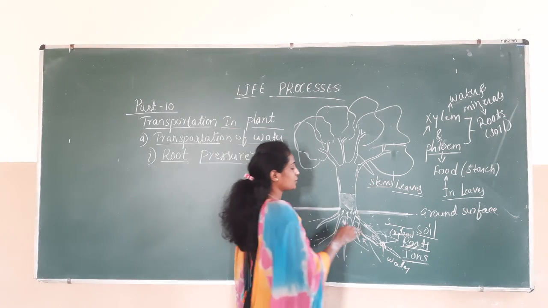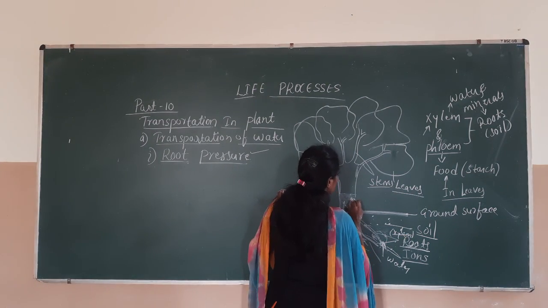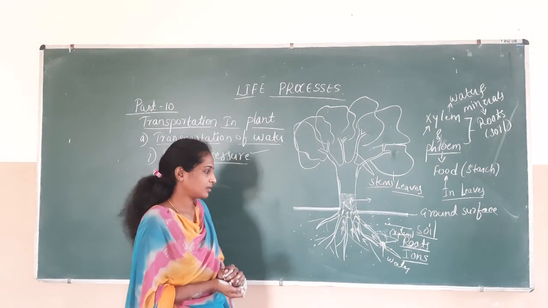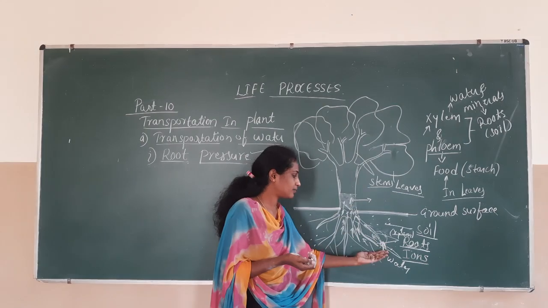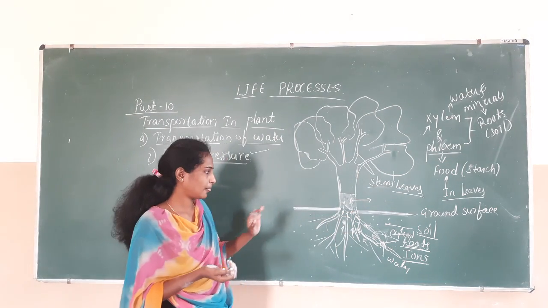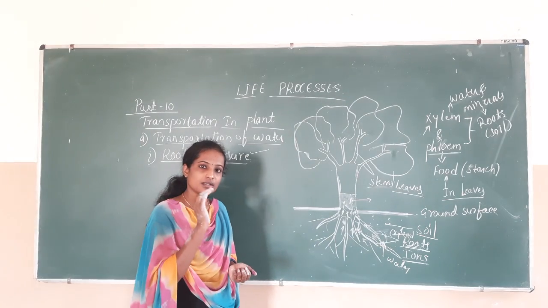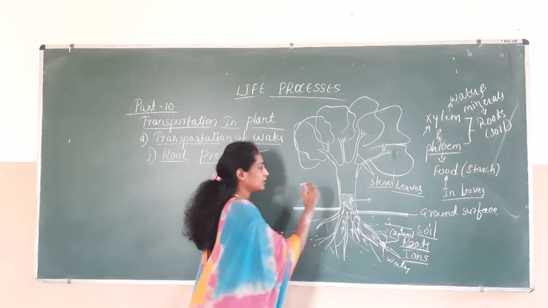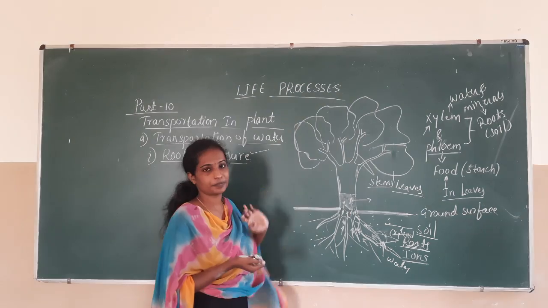The water which moves upward in the plant body does so only to some extent. The water moving up from the root to the plant body is only minimum. It means the root transports the absorbed water and minerals only to some extent of the plant height, not all the way up to its tip.